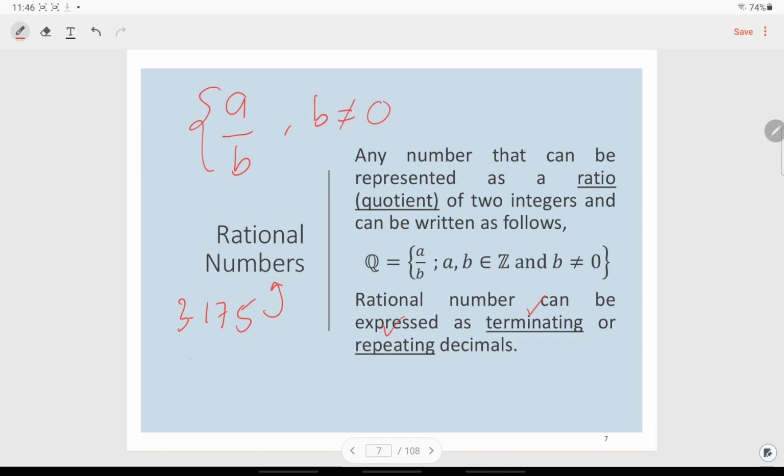Another form of decimal number is, for example, 0.171717 and so on. For this kind of number, we have a repeated pattern, so it is what we call a repeating decimal number. This kind of number is also considered rational.